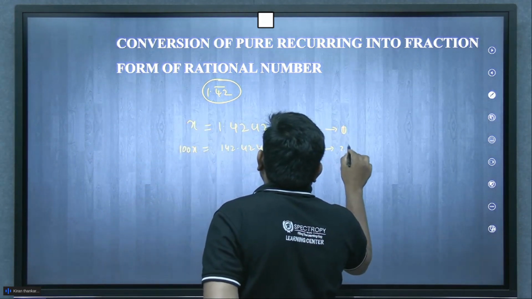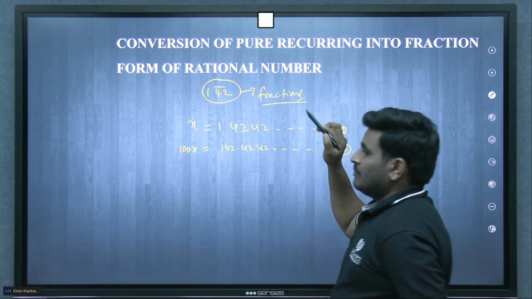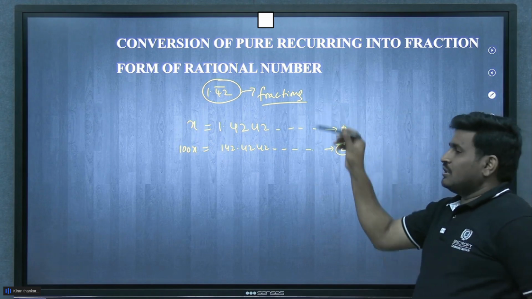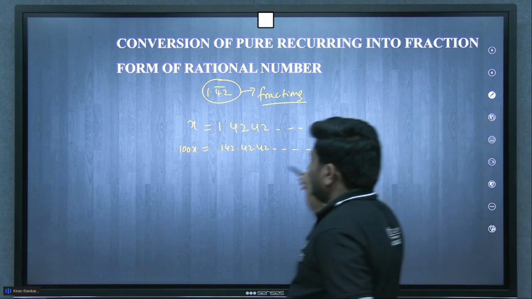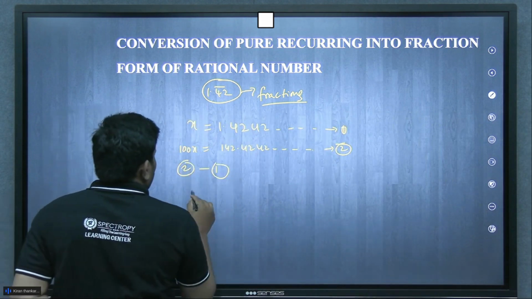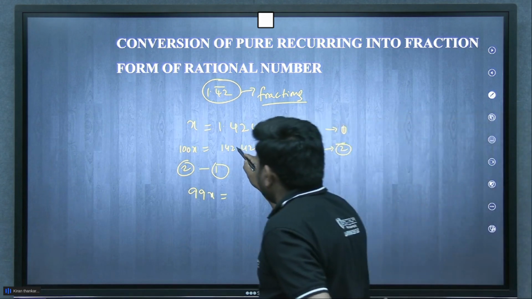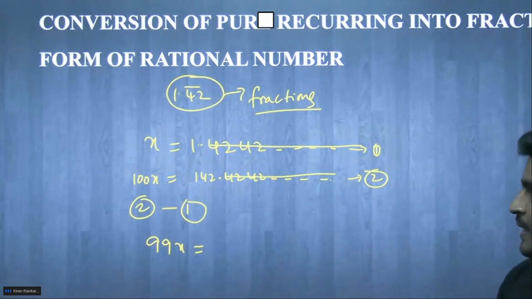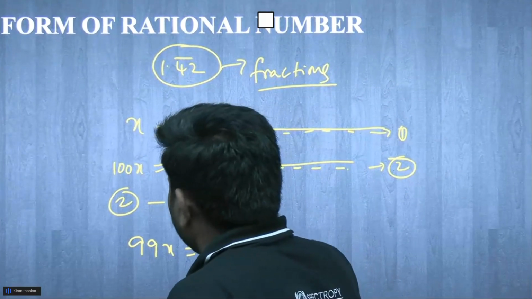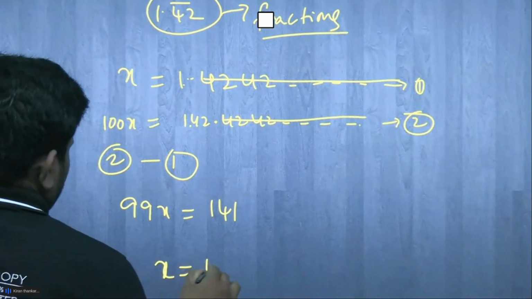When converting this into a fraction, 99x is equal to 142 minus 1. Subtracting, the decimal part 4242 is the same, so it cancels. So 99x is equal to 141, and x is equal to 141 by 99. So that is a fraction.